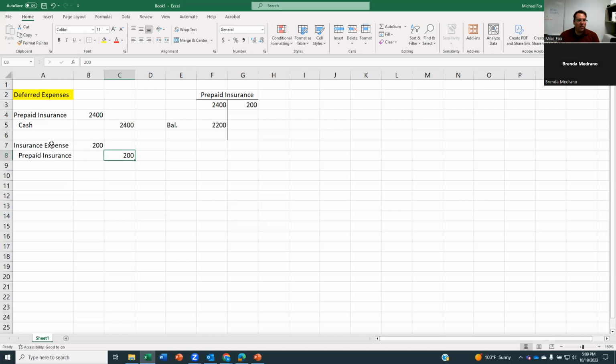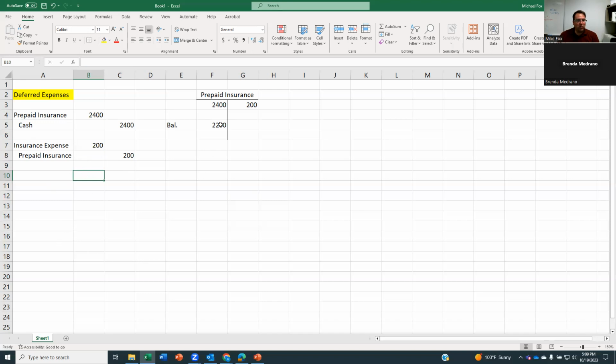And so this adjusting entry that we do at the end of the month is just to recognize, okay, I've now used up $200 worth of prepaid insurance. So the asset goes down or is credited. And then I now have an expense. If we do the next month, we do the same entry, debit expense and credit insurance, and do that for 12 months straight.